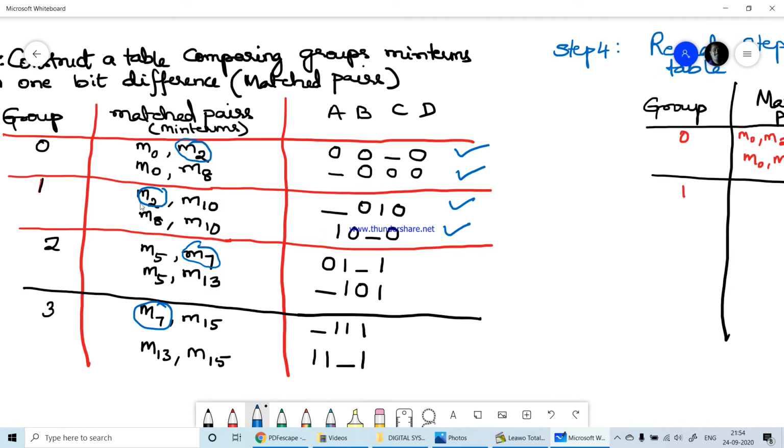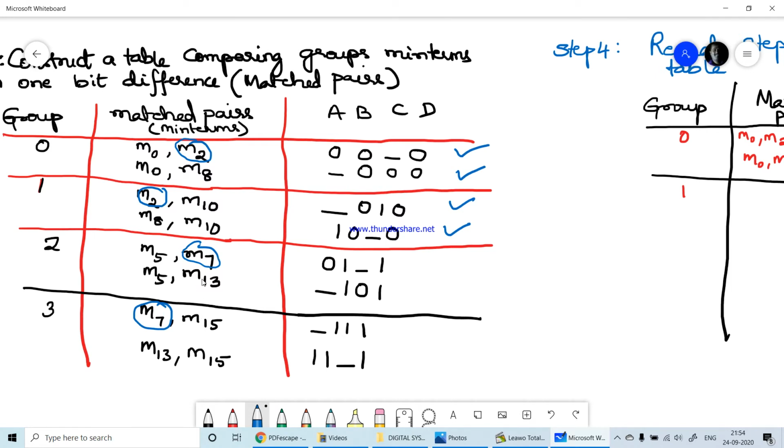So if you see the same minterm repeated in the matched terms, then that will never match. This is another shortcut which lets you avoid comparing. So M5 M7 and M7 M15 will never get matched.